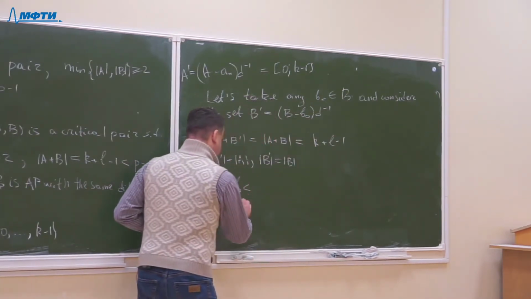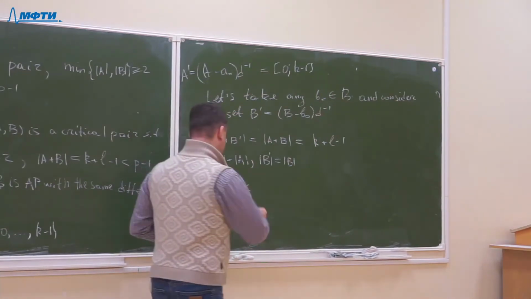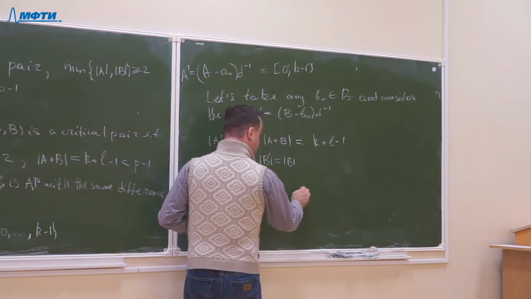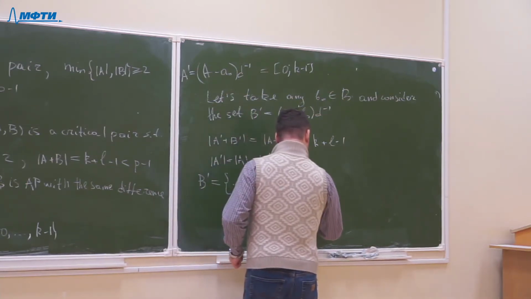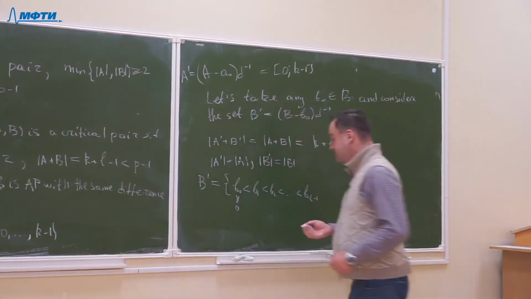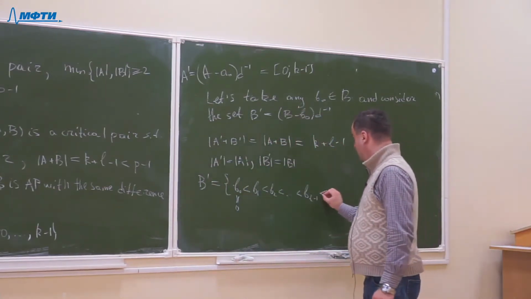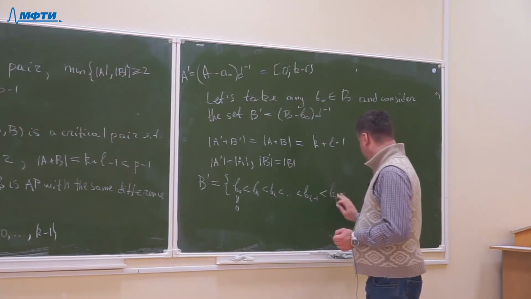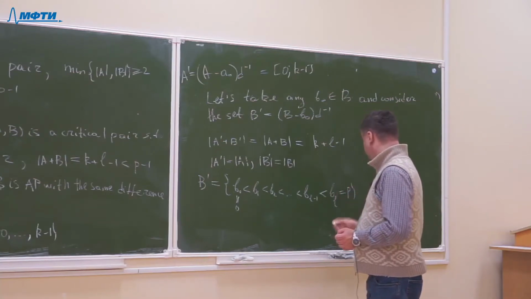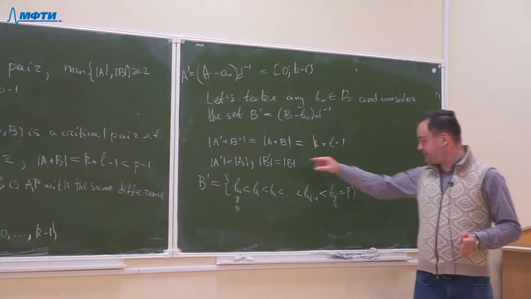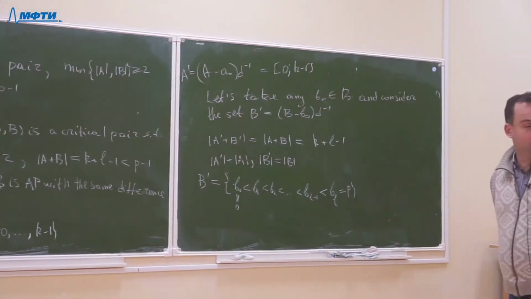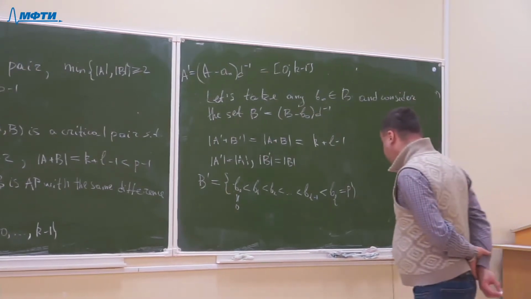So B0 is 0, B1, B2, up to B(l-1), and also let's denote B_l to be p. It's not an element of B prime as a new element; it's actually equal to B0 modulo p, right?